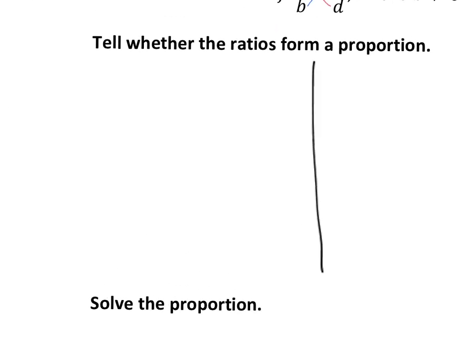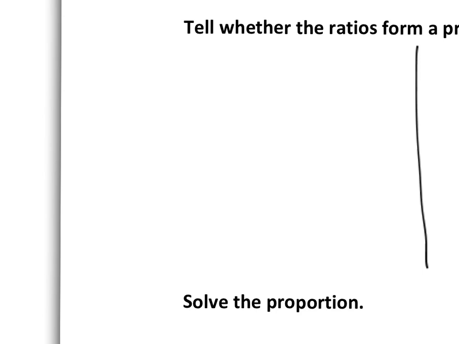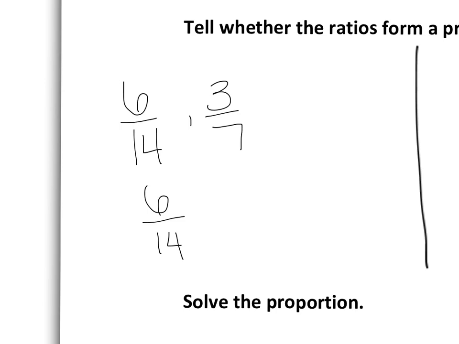We're going to look at these ratios and decide whether they form a proportion or not. For the first one, let's look at 6 over 14 and 3 over 7. I'm checking if these ratios form a proportion, which means they should be equal, but we're not sure, so we're going to check.